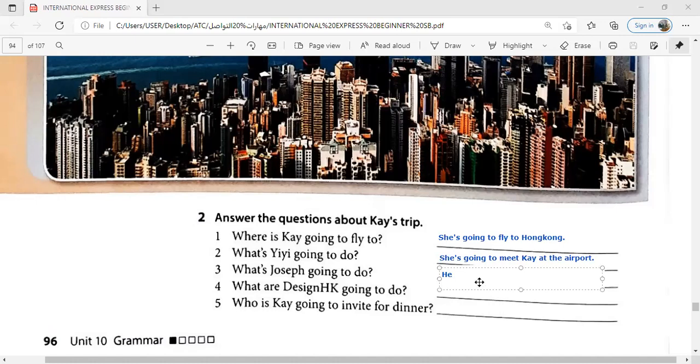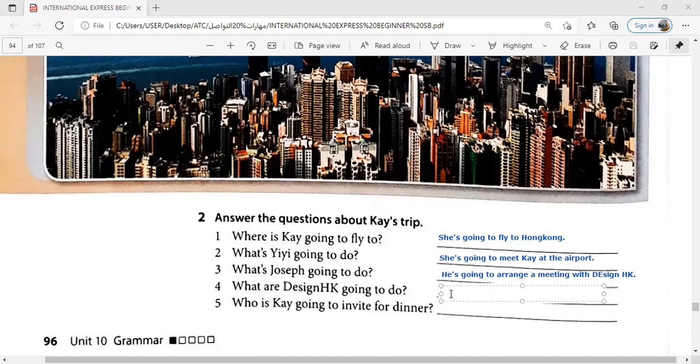هلا انتبهوا هون اختلف عندي السبجكت لأنه صار جوزيف. معناته he is going to arrange a meeting with Design HK. مش هيك اسمها؟ Number 4. What are Design HK going to do?